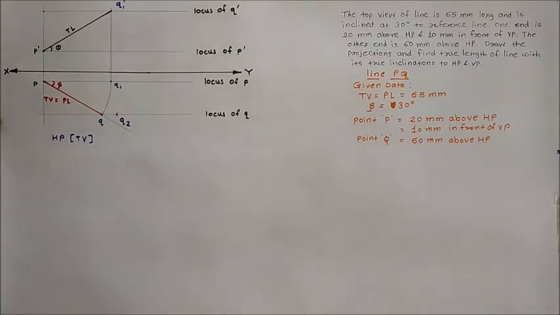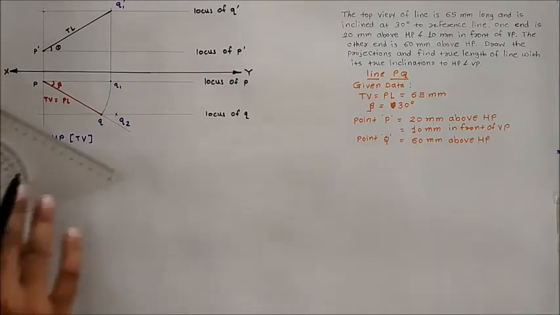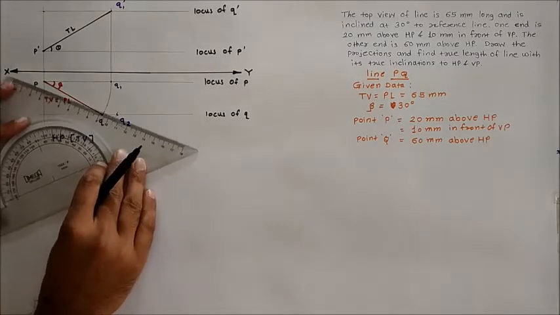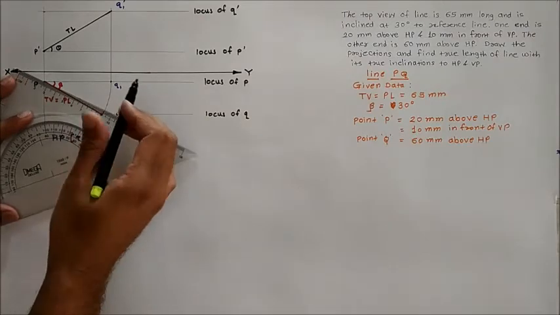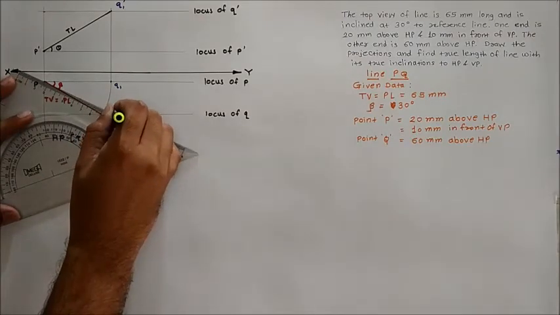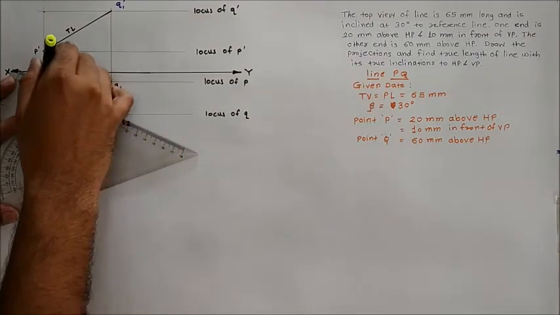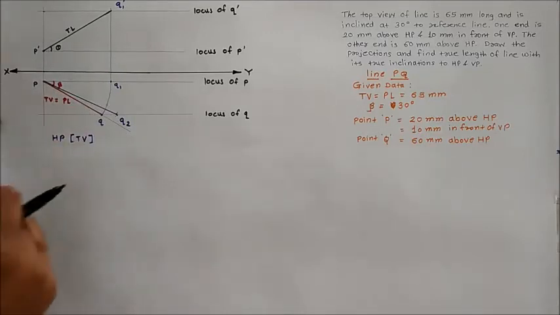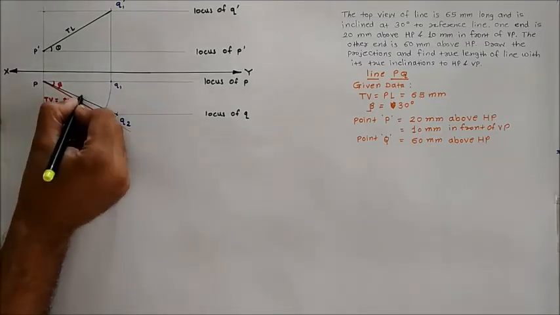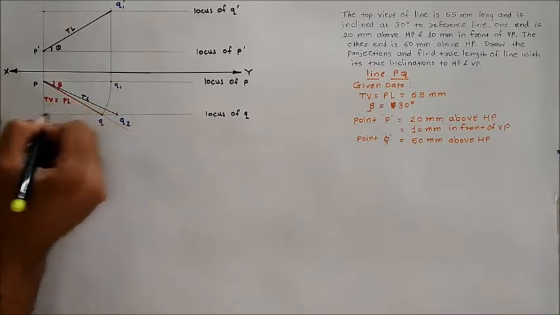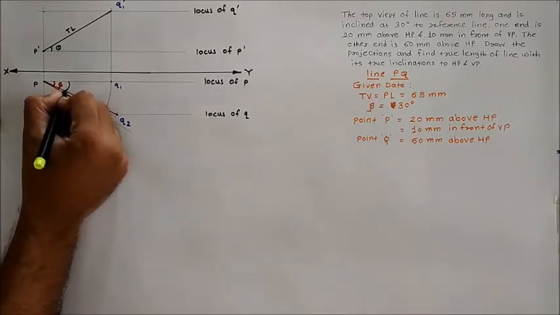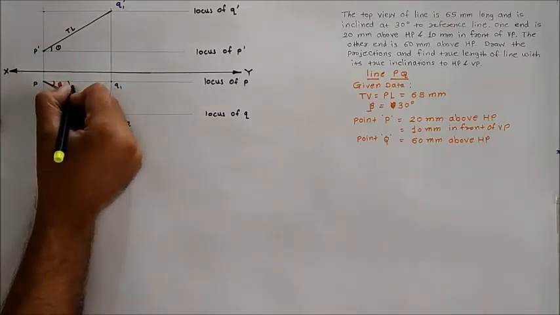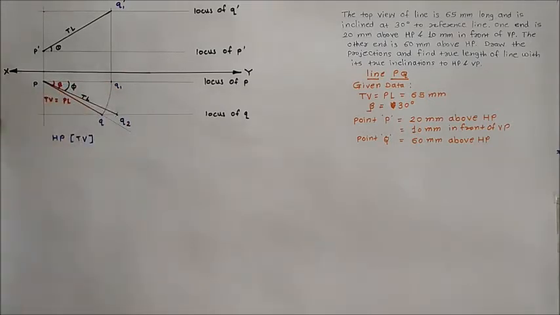Join P to Q2 to get the true length of this line, so that you can measure the true inclination of the line with respect to the vertical plane. So this P to Q2 is the true length of the line.